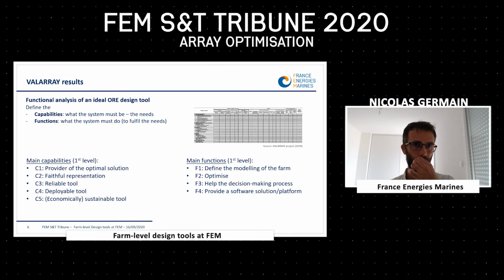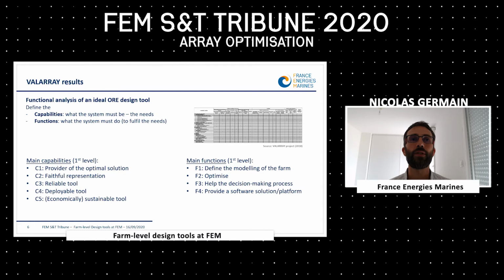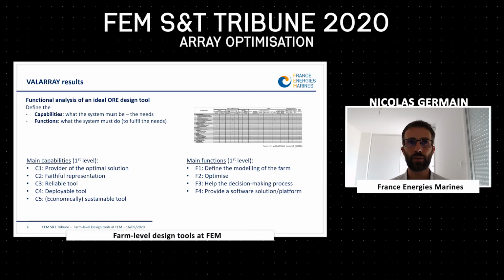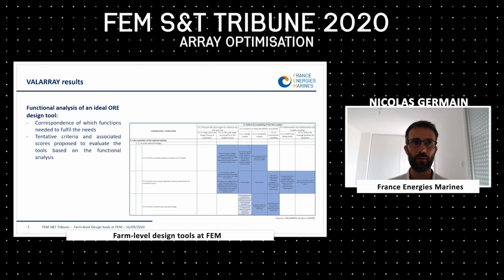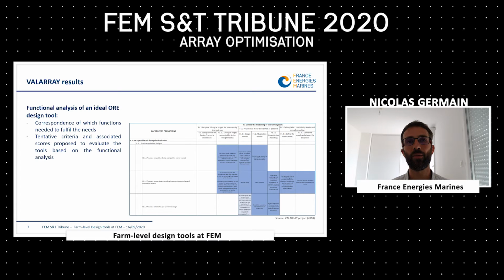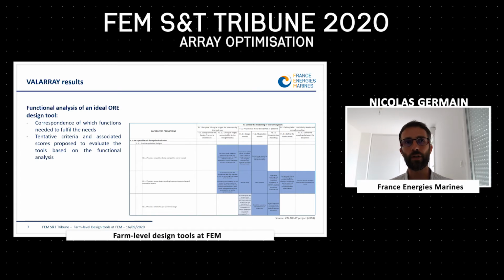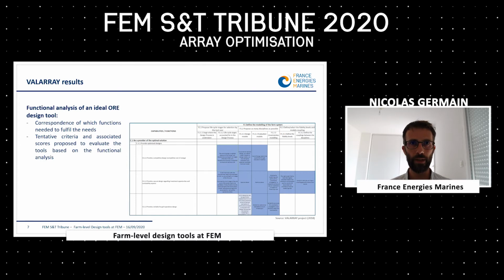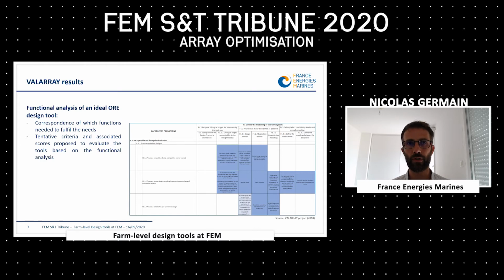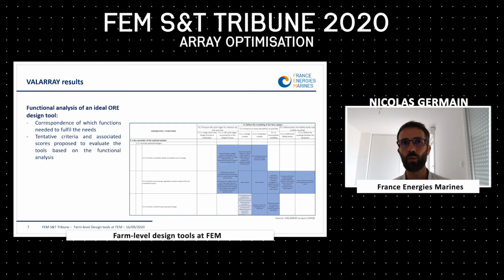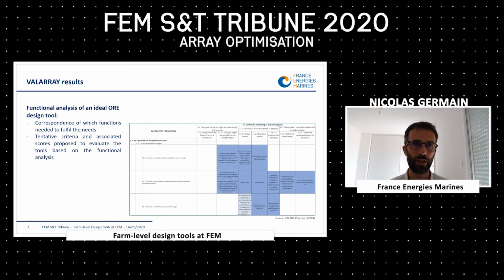The result of which is the matrix you can see with crosses at the correspondences between capabilities and functions. There is also a much bigger matrix which details how every function answers the capability. Of course, several functions are needed to answer one capability, and one function can answer several capabilities.